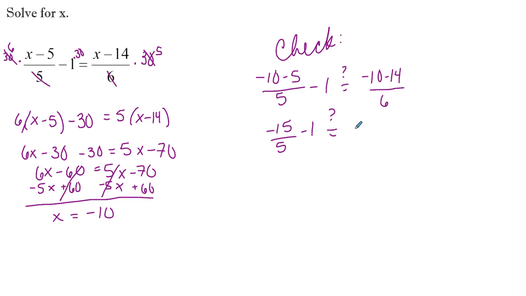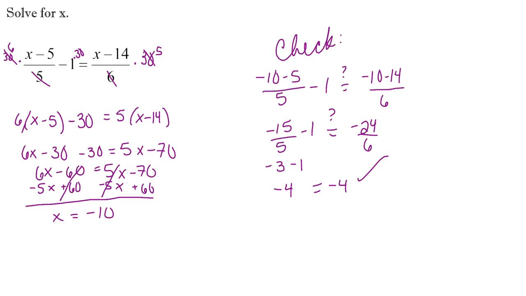Still checking, does that equal negative 10 minus 14, negative 24 over 6? Okay, negative 15 over 5 is negative 3 minus 1 gives us negative 4. Does that equal negative 24 over 6, which is also negative 4? So we can see that we've done this correctly.